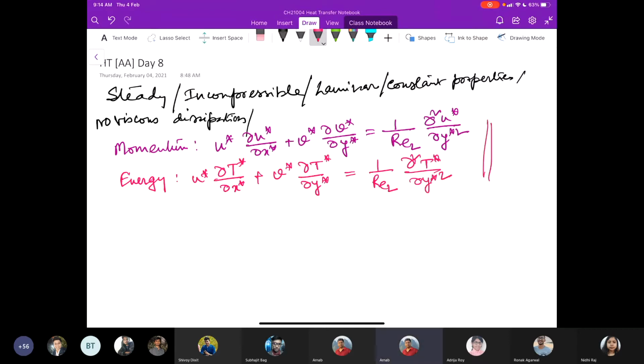Here, in addition to all the simplifications that we mentioned, that is the steady, incompressible, laminar flow with constant fluid properties and no viscous dissipation.